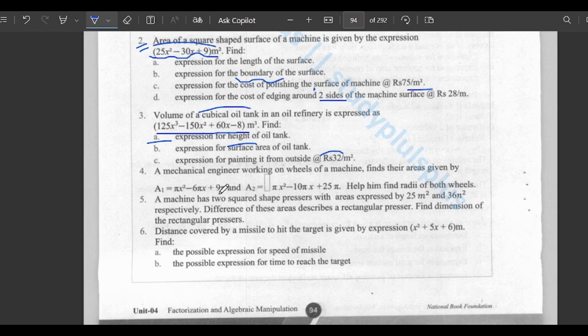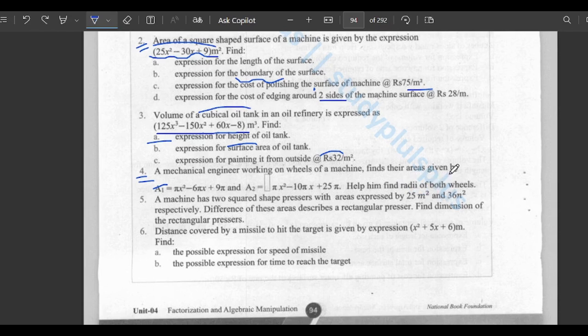In question number 4, it states that a mechanical engineer works on the wheels of a machine. We need to find their radii, given the areas of the first and the second. Basically, we are given both areas, and we need to find the radii. Radii is the plural form of radius.